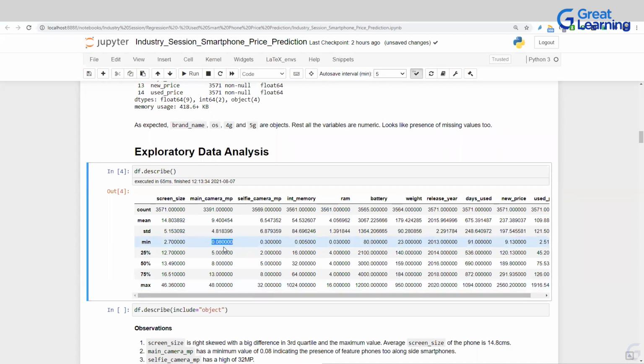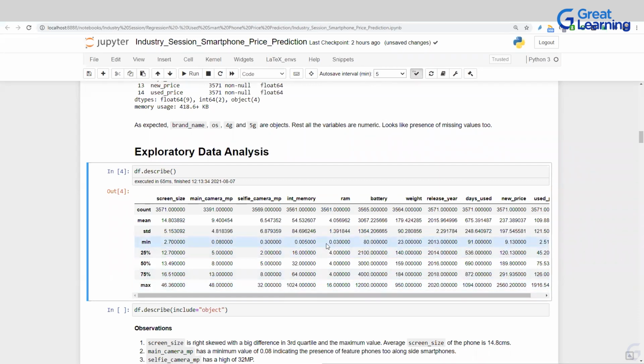Just like you have some feature phones which are available within 1,000, 2,000 rupees in the market, where you don't get much of a clear camera, right? And these are budget phones, we can say. Same with the memory. So you have some phones which do not have any internal memory. You have to add a memory card in order to use those phones, right? And phones as high as 1 terabyte of memory.